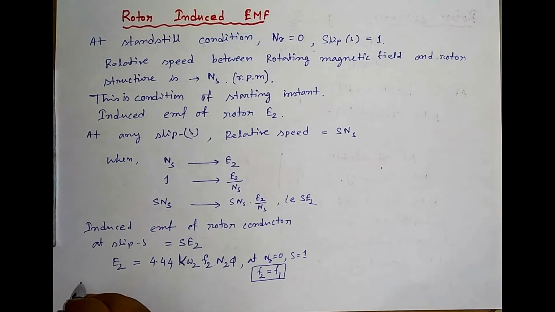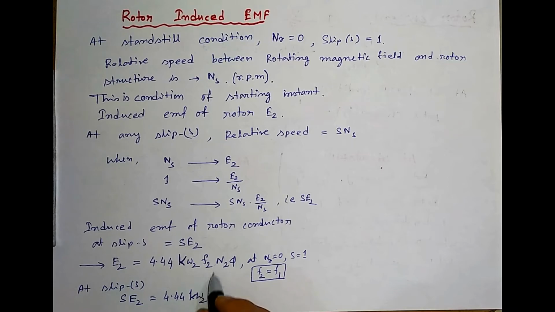So at slip s, the induced EMF will be sE2, and that is 4.44 winding factor, and the F2 value will be sF1, into N2 phi. So here F2 equals sF1.